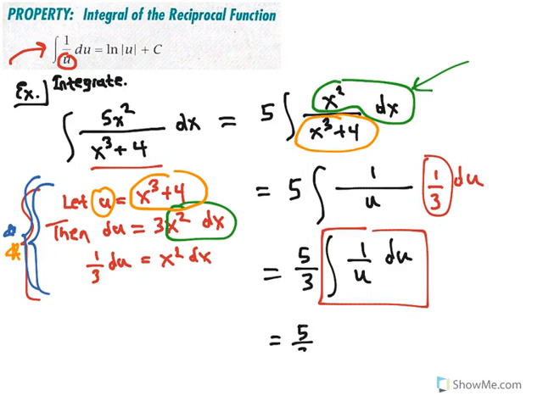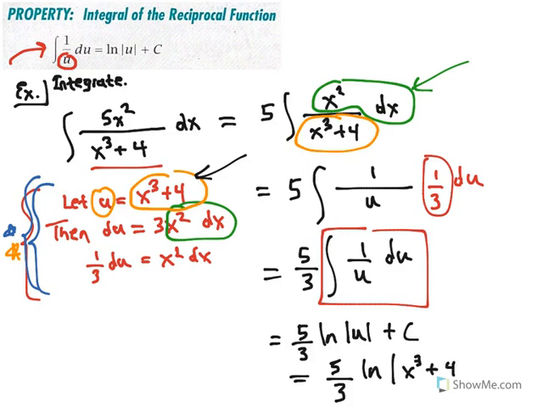So now we can write 5/3 times the natural log of the absolute value of u plus c, and of course we need to go back to our original variable, which was x. So we have natural log of the absolute value of, replace u with x cubed plus 4, and then you have plus c. This is our final answer.